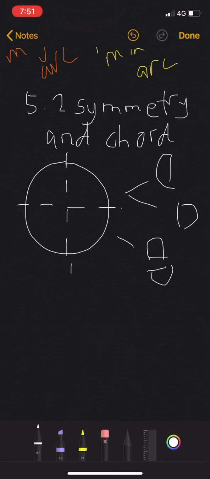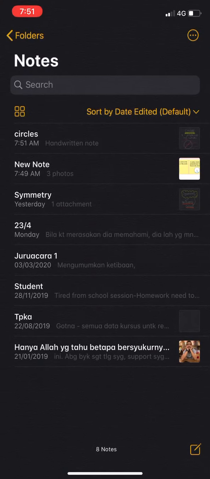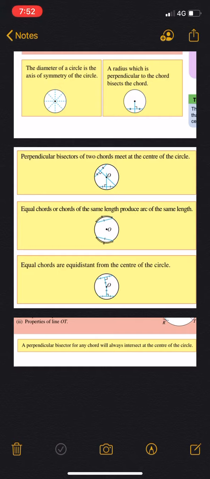So two equal parts. So this axis of symmetry is the diameter of that circle. That's why the first property says that the diameter of a circle is the axis of symmetry of the circle. Faham ke? Hopefully you can understand what I said.